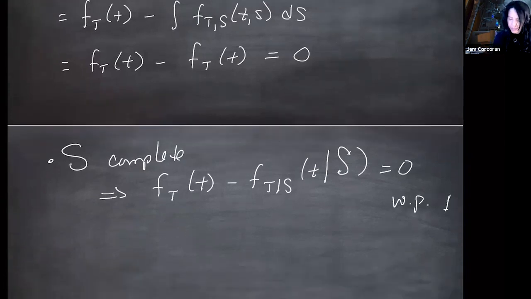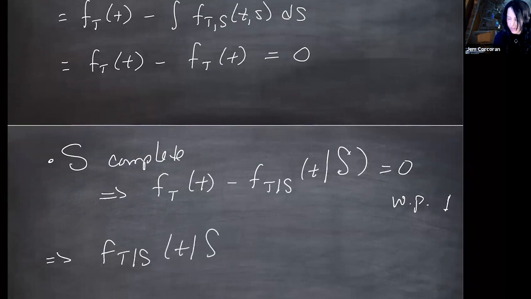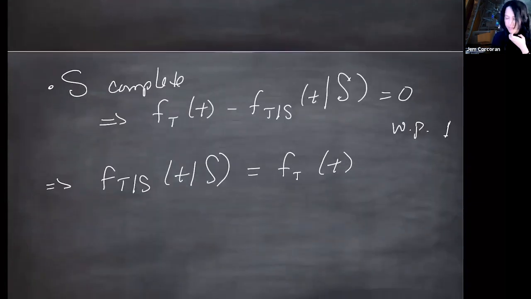And so this tells me that f of t given s is equal to f_T of t. And I've got some probability 1 and probability 0 statements that I really should make here.